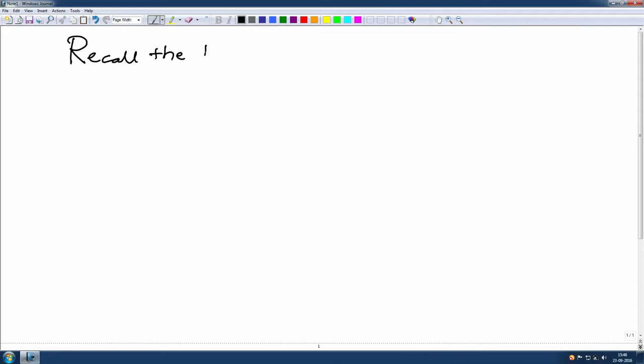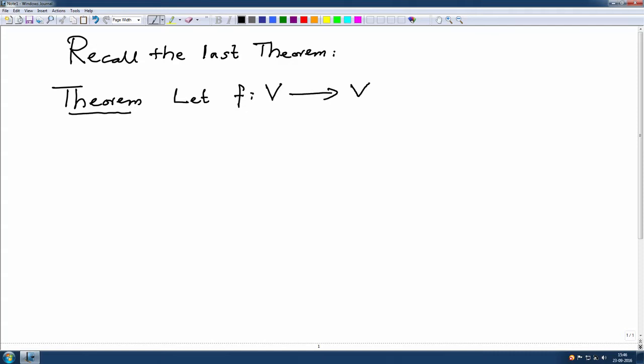Recall the last theorem we proved, that was the following. Let f from V to V prime be a K-linear map of K vector spaces.